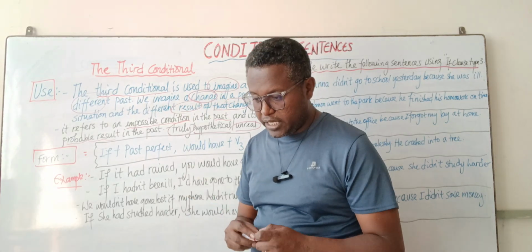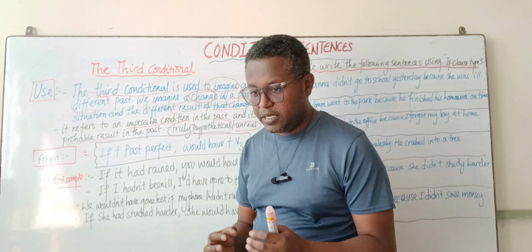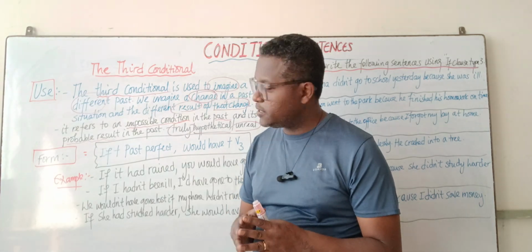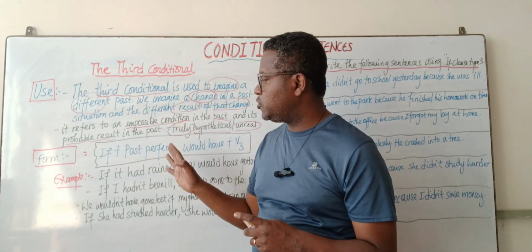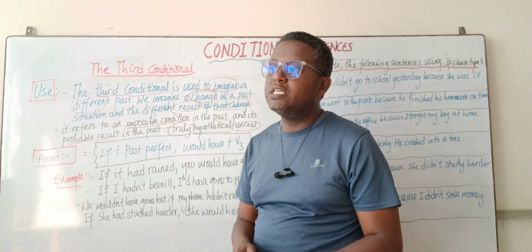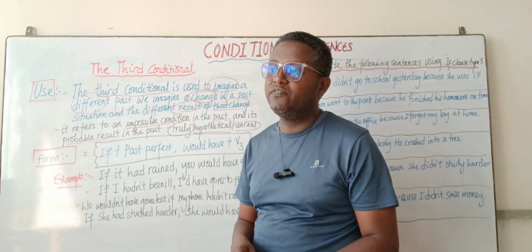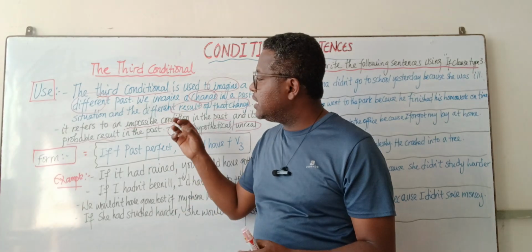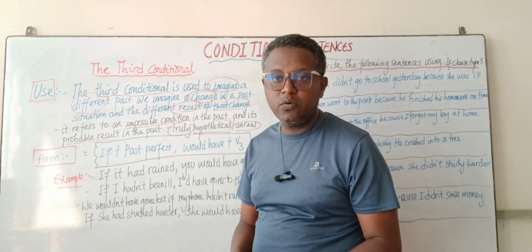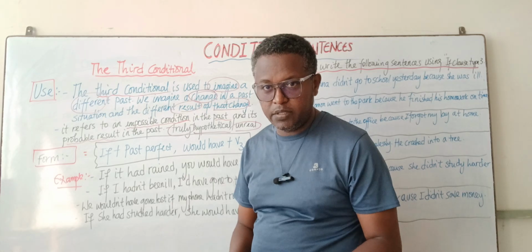In the third conditional we talk about such unreal or hypothetical situations, all in the past, and we want to see a different result as a result of a different change or situation in the past, which is impossible, right?